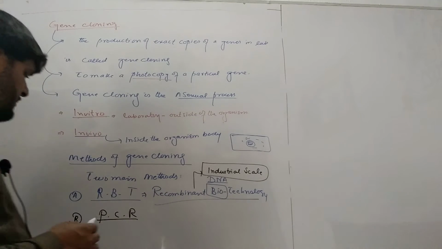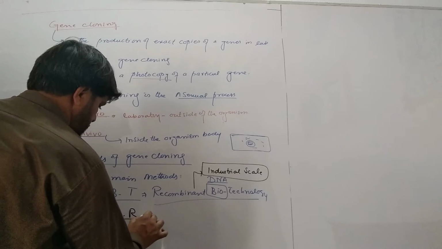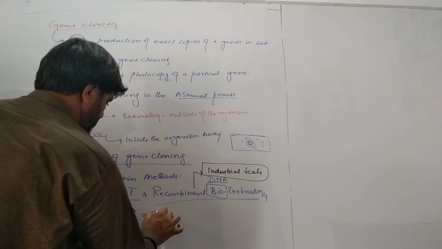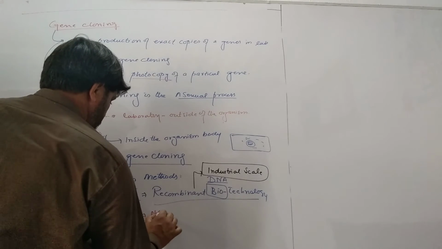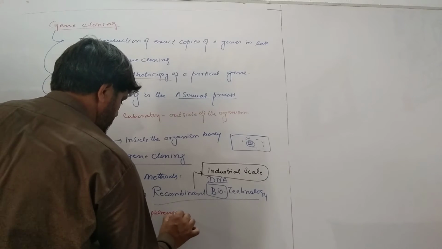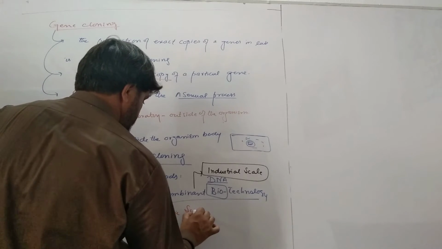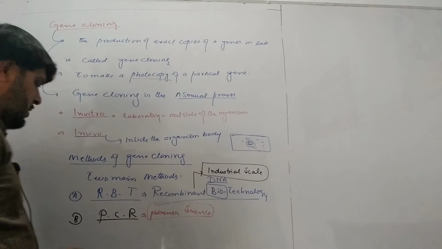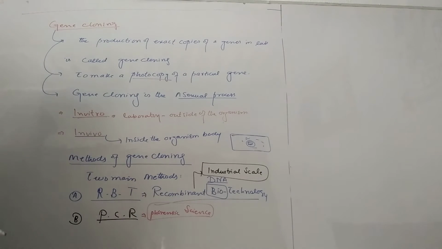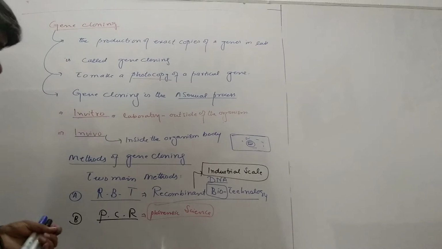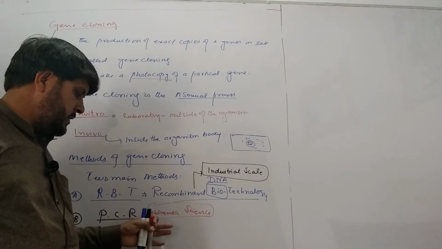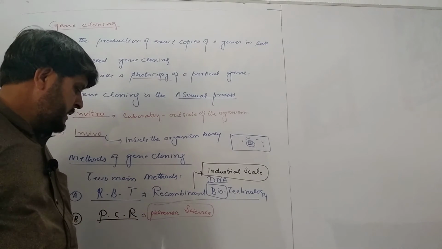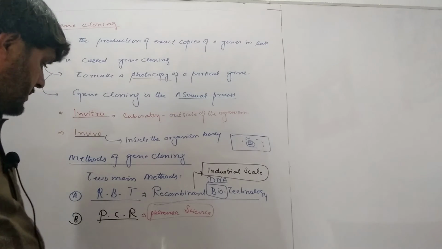PCR is mostly used in forensic science. This method is commonly used in forensic science. What is forensic science? The scientific study and investigation of criminals is called forensic science.